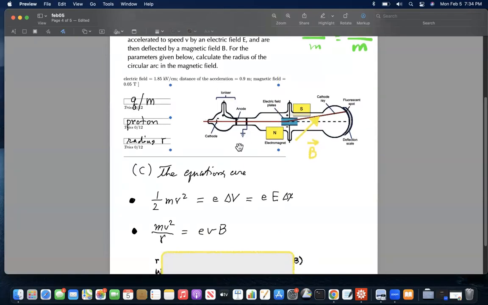Well, I should draw a picture really, but here are the equations. First of all, we need to know the speed.